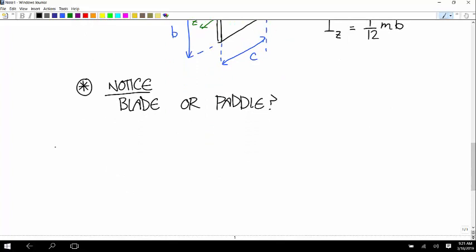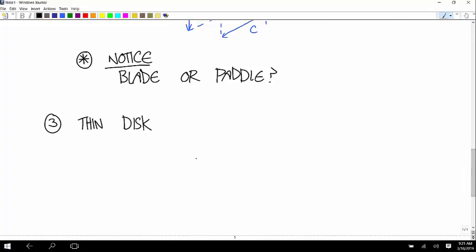Okay, number 3 is a thin disk. I'll call that X, that Y, and that Z. About the Z axis, that's like if this disk is rolling.